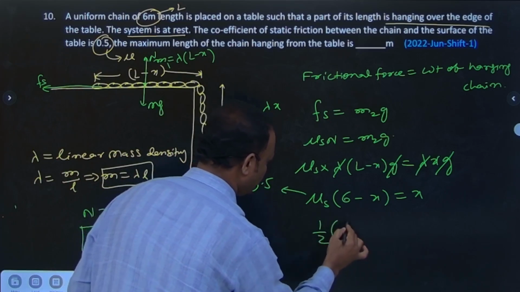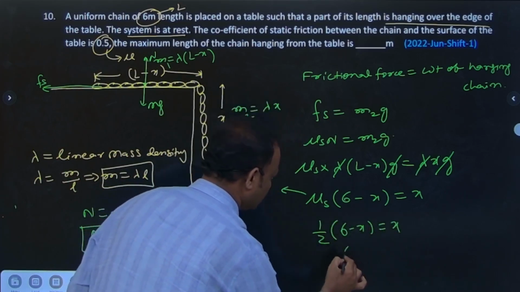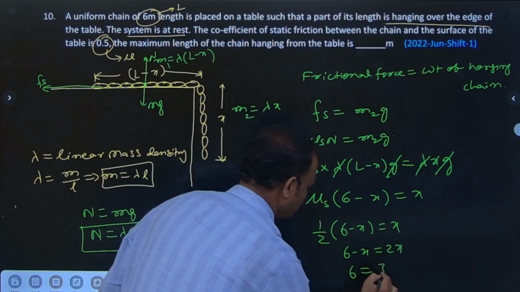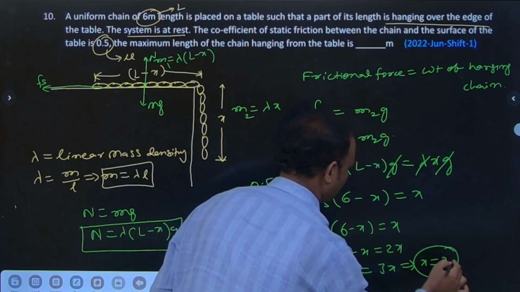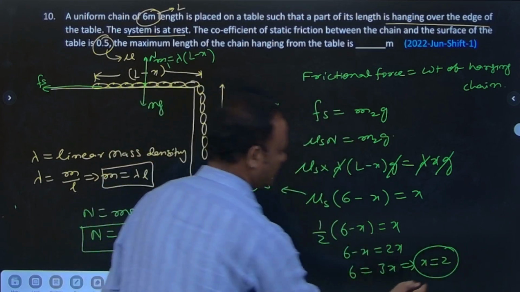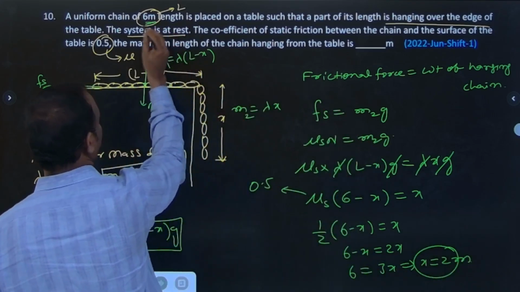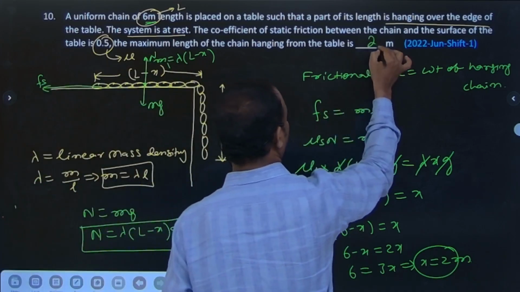So 1 by 2 into 6 minus x is equal to x. 6 minus x is equal to 2x, 6 is equal to 3x, so x is equal to 2. It is given in meters, so the answer is 2 meter.